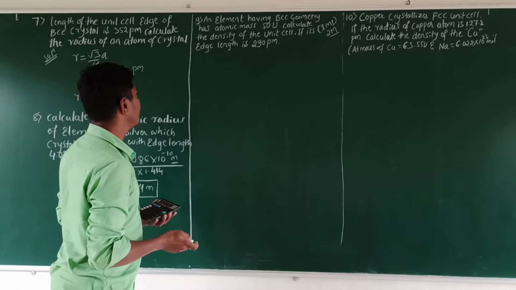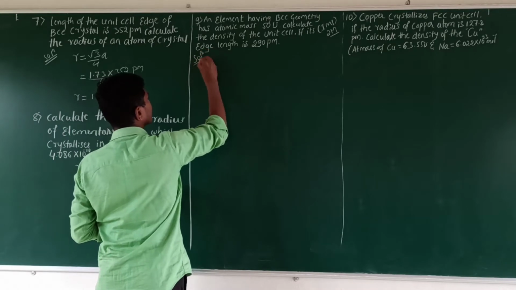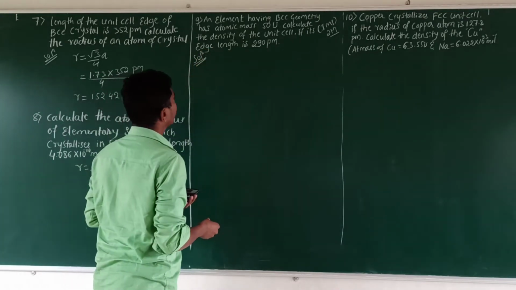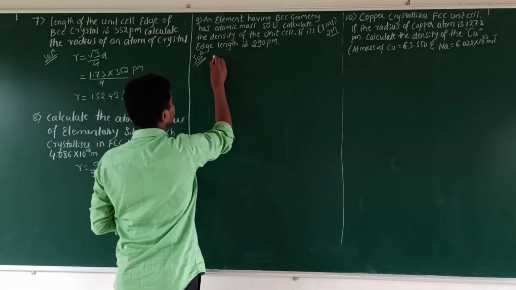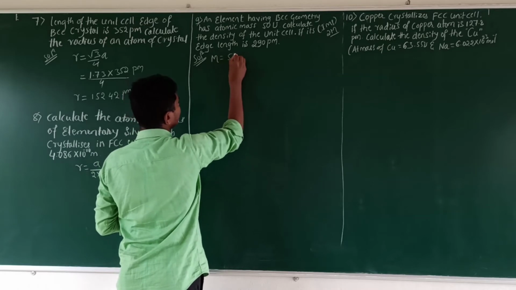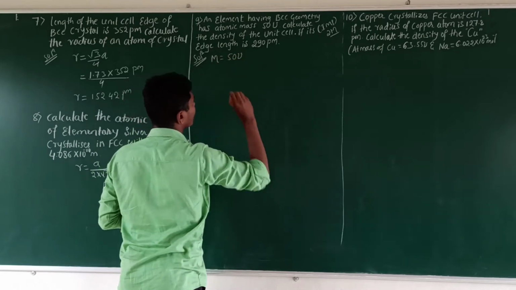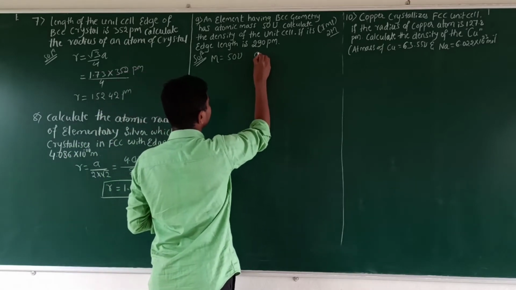Okay, what are the given things? I have to write first. Solution. What are they given? They given the atomic mass, means M, that is 50 unit, and they also given the edge length.